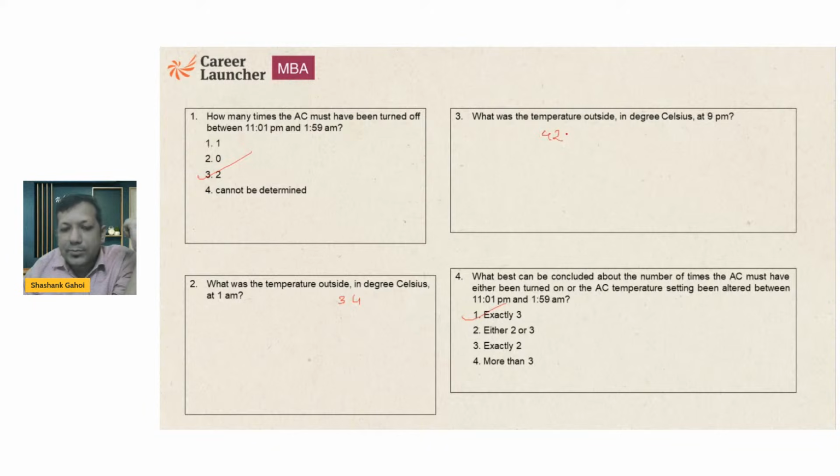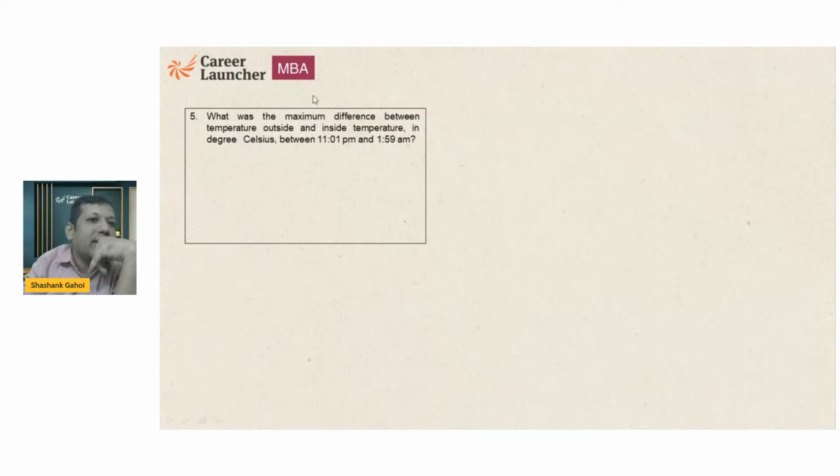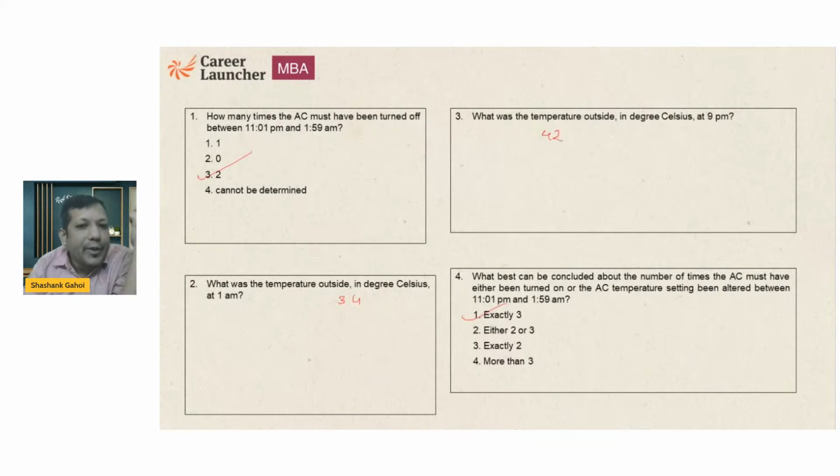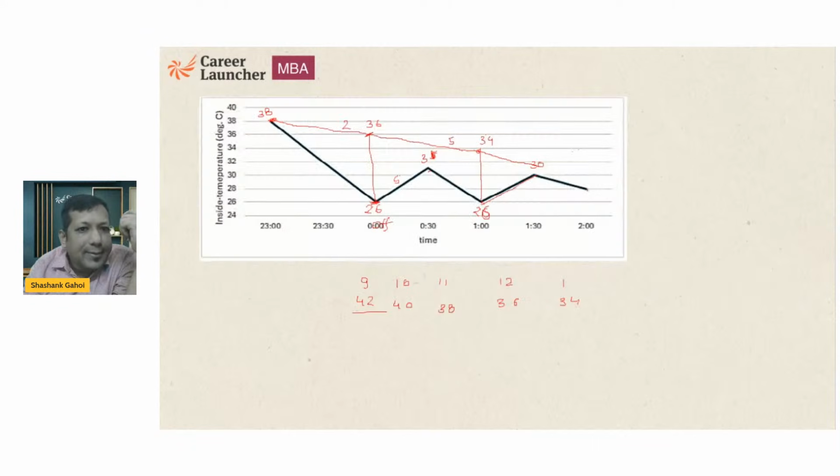We got the answer. Now the next one, what is the maximum difference between temperature outside and inside? So outside और inside का maximum temperature difference की बात करें, so I don't think in this we need to calculate anything. And why not?